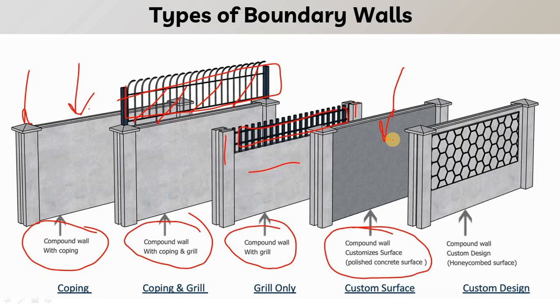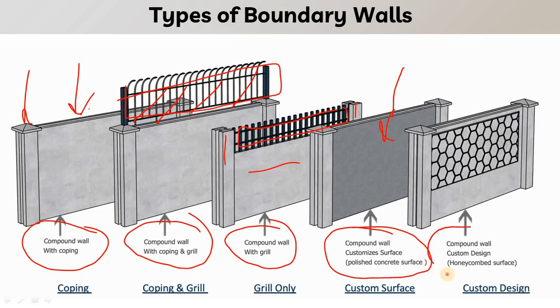Basically color concrete is a pigmented concrete, in which the concrete will be mixed with the pigment, where the white cement will be used and a special kind of aggregates will be used to make a special kind of exposed surface or pre-finished surfaced boundary wall. So that are known as the customized surface. It can be sandblasted surface, it can be exposed aggregate, or it can be acid washed surface finish based on the client requirement.